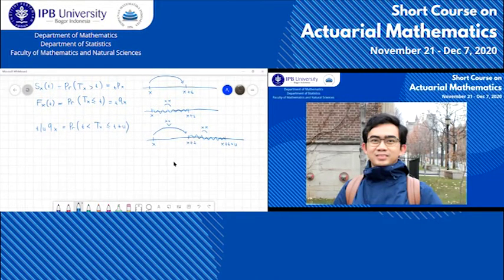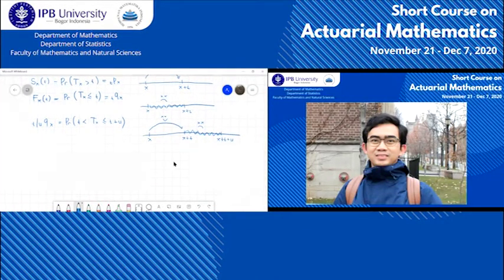So there are three ways to look at this probability. The first one is t bar u q x equal to t plus u q x minus t q x. The second one, t bar u q x is equal to t p x minus t plus u p x.